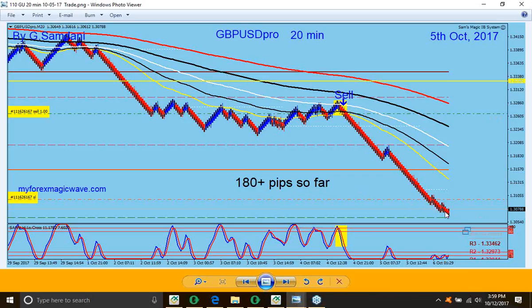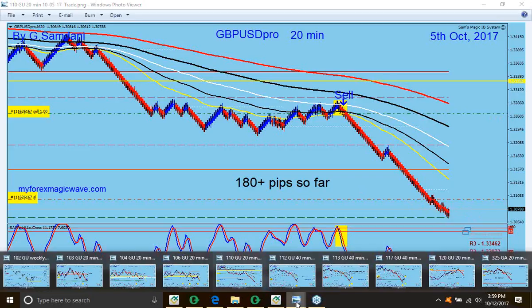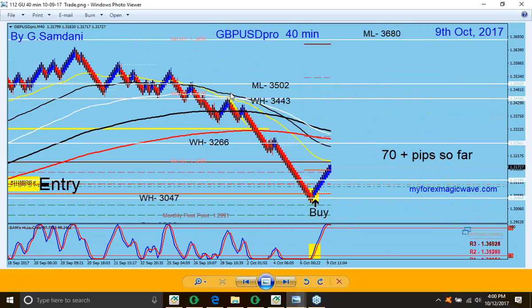I saw a couple of reversal candles coming in, and right at the pivot, I closed. But it went down all the way to that level, which is 30.47. You're going to see it now. So when it went to that level, it was a big drop, so eventually it had to bounce from there, and it did.